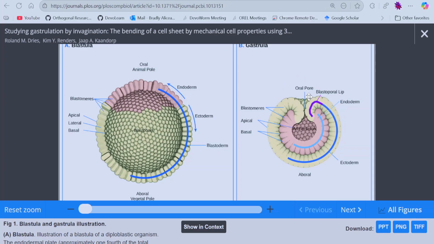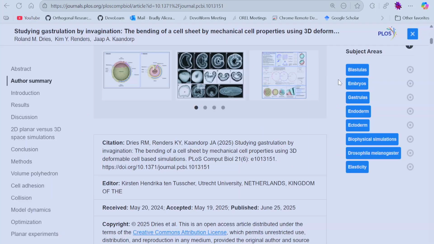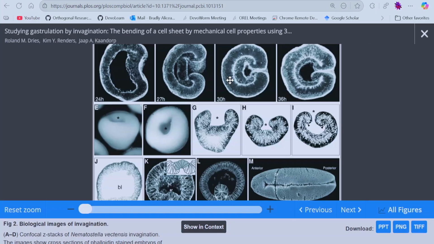So the oral pore is formed at that pole, and then you get the same kind of structure, but you get this folding inward into this shape here, which is the gastral. So that's what they're trying to mimic, those kind of shape changes.